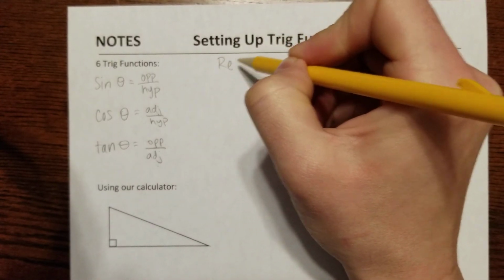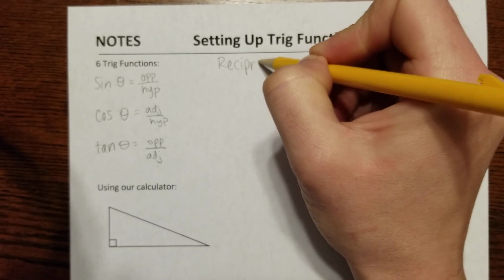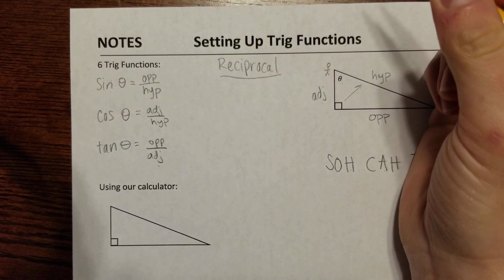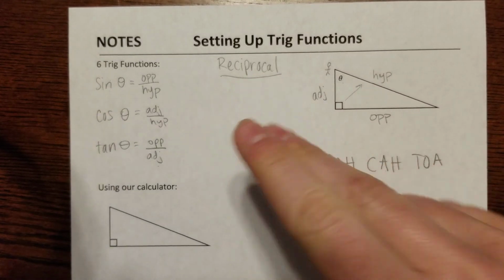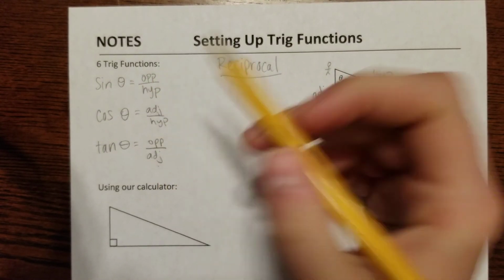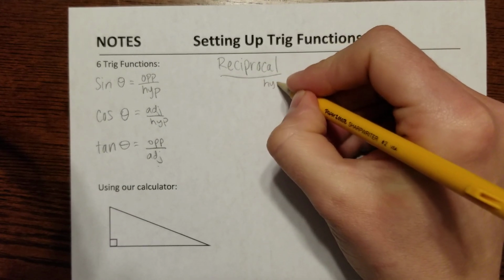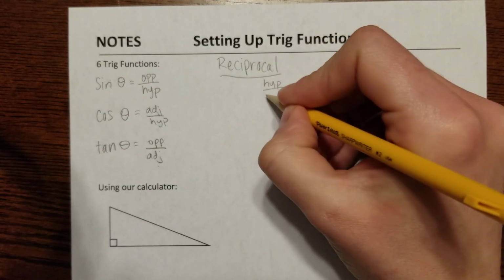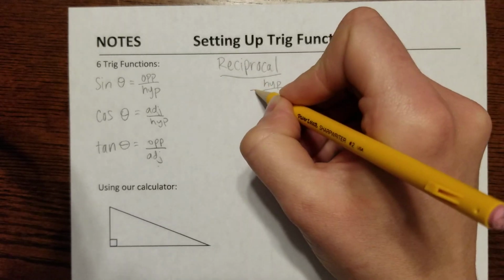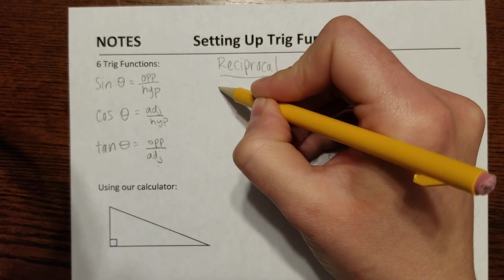However, we do also have 3 reciprocal functions. Remember that reciprocal just means you take your fraction and you flip it upside down. If we take our sine, which is opposite over hypotenuse, and we flip it upside down, we get a new ratio using the same numbers once we have numbers, but it has a new name, and it's called the cosecant.